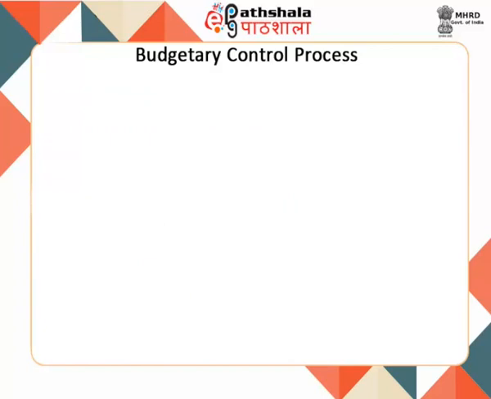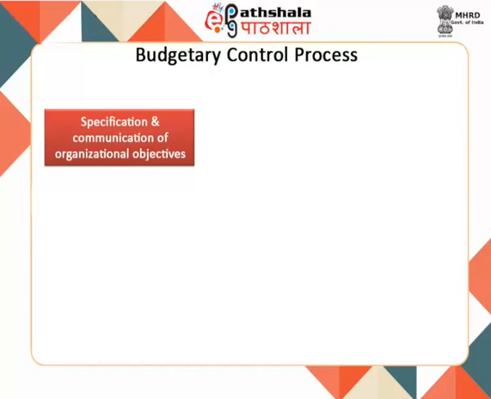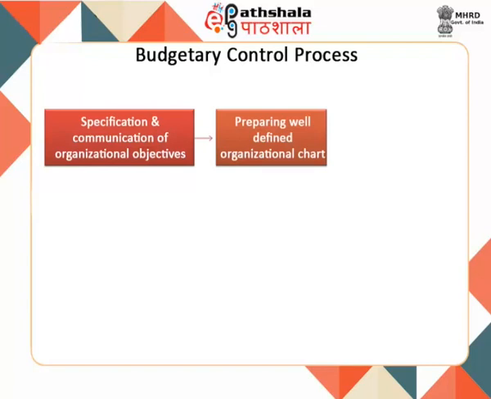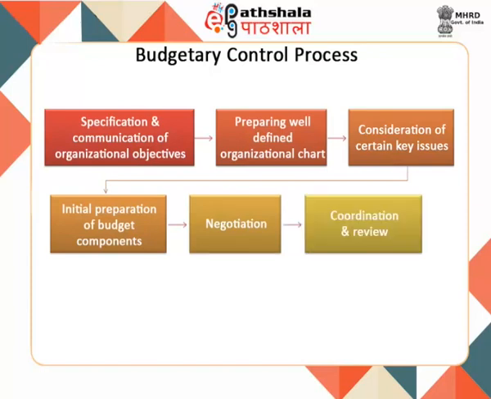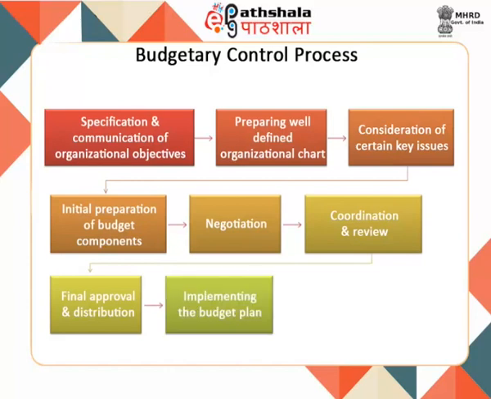Nevertheless, some of the common steps are: number 1, specification and communication of organizational objectives; 2, preparing well defined organizational chart; number 3, consideration of certain key issues; number 4, initial preparation of budget components; 5, negotiation; 6, coordination and review; 7, final approval and distribution; 8, implementing the budget plan; 9, revision.